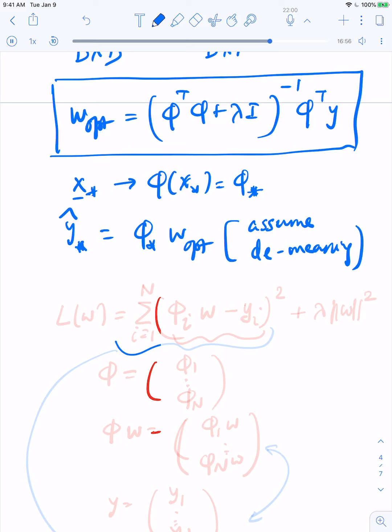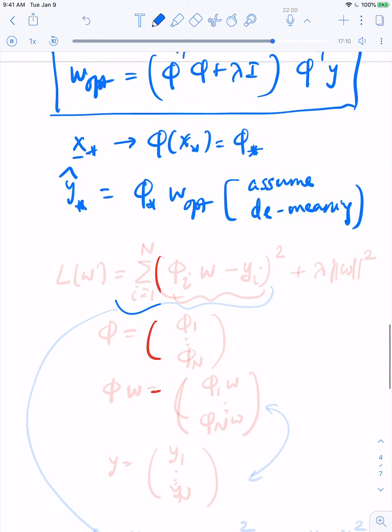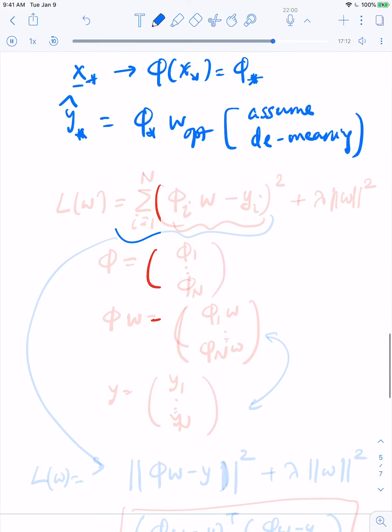So one last thing, I've been carrying around all these summations over all these examples, but before finishing up, I would just like to put the whole thing in vector and matrix form, so we get a simple, elegant solution. Let's just do that.